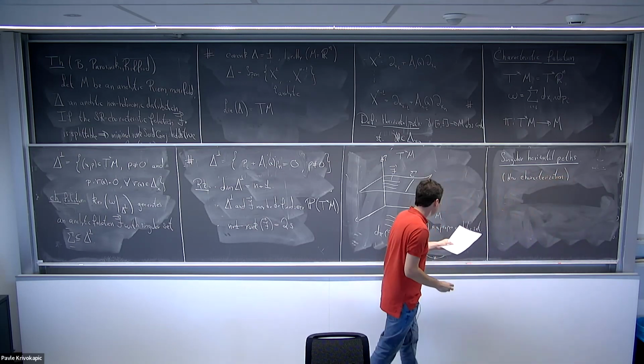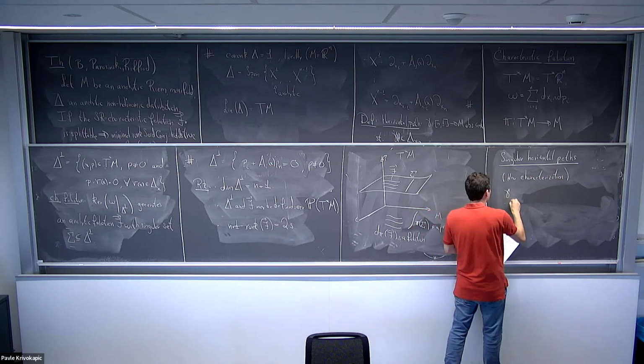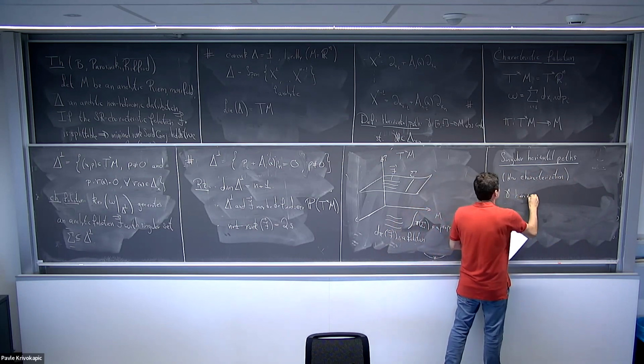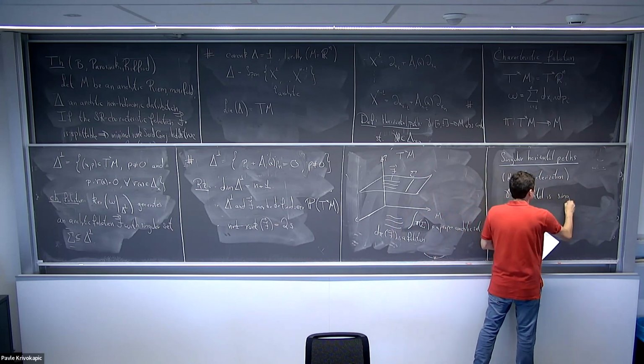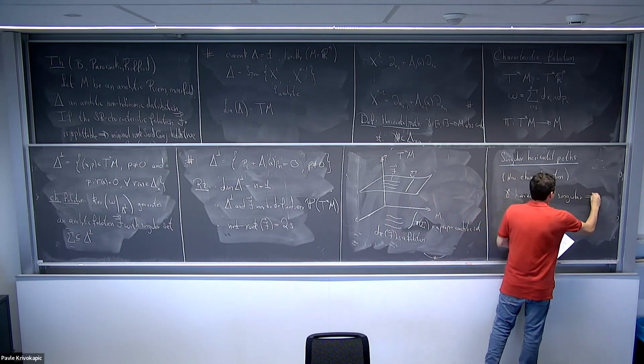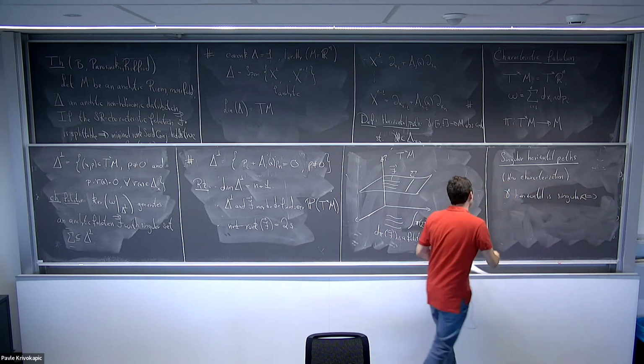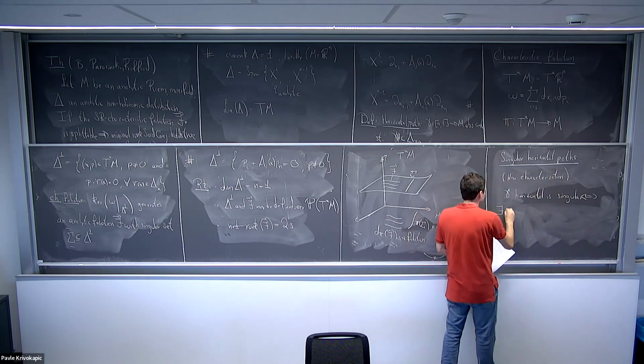So there is a characterization here. It says the following: a horizontal path gamma is singular if and only if it admits a lift. There exists a lift.